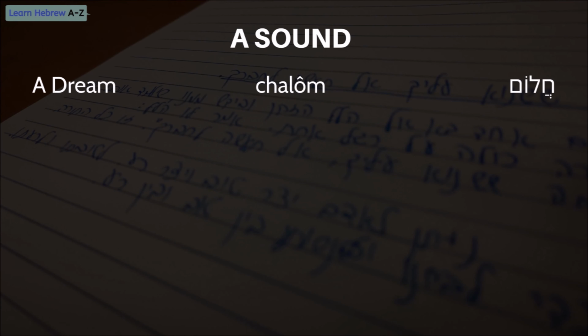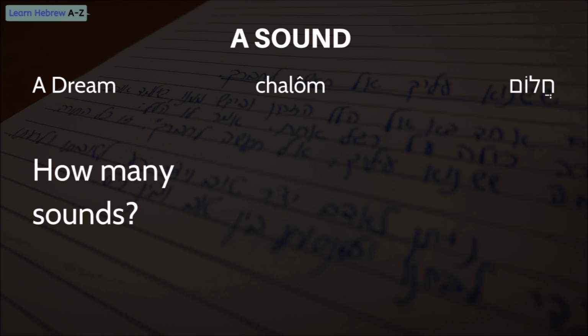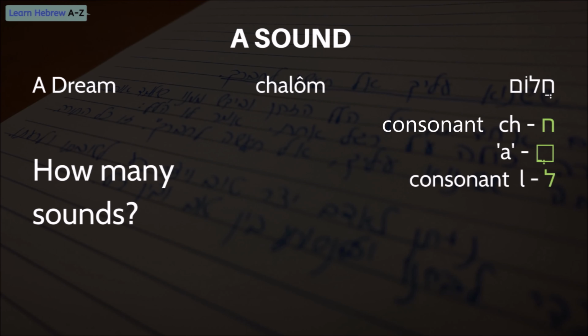How many sounds do we have here? The consonant ch, which is represented by the letter chet, the vowel a, which is represented by the nikud sign chataf patach, the consonant l, which is represented by the letter lamed, the vowel o, that is represented by the letter vav and the nikud chola male, and the consonant m, which is represented by the letter mem in its final form.